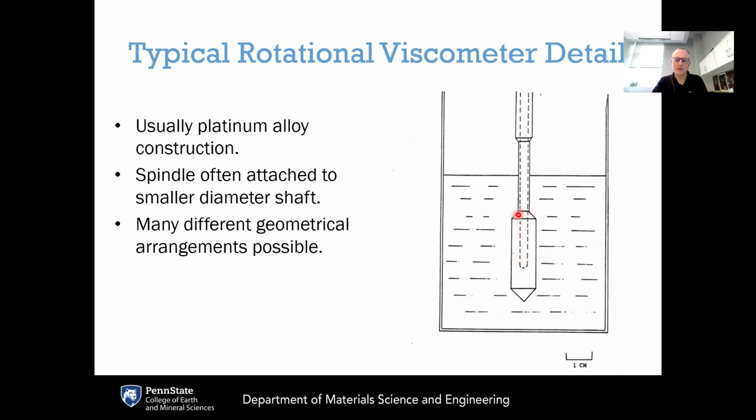The spindle would be made out of platinum or platinum rhodium alloy, and the crucible is also made out of platinum or a platinum-rhodium alloy. The spindle is often attached to a smaller diameter shaft. Different geometries are possible, and one just has to account for the specific geometries and make sure that you've calibrated the equipment to ensure that you get good values of viscosity.